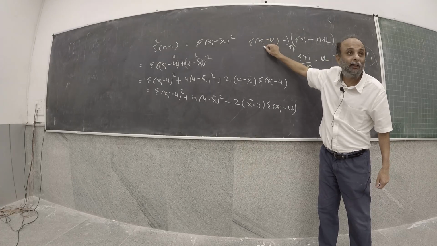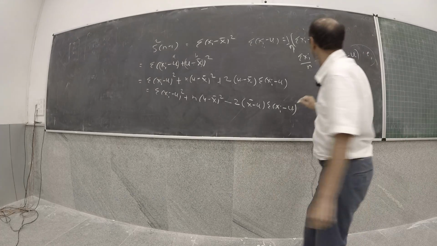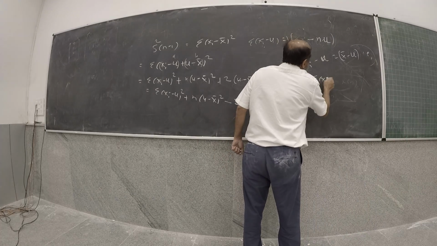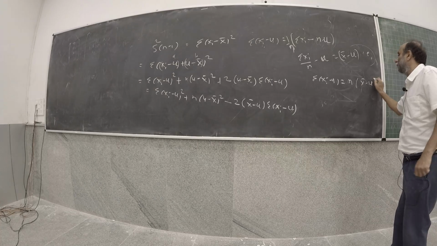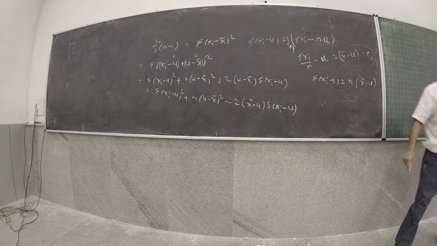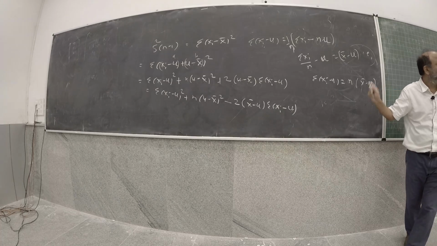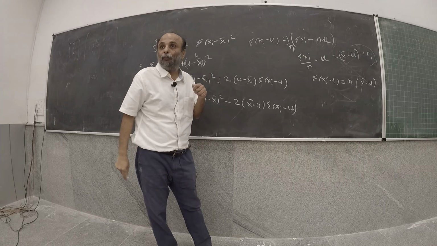From which it follows that summation xi minus mu is n times x bar minus mu. Is this clear? Right? N x bar minus mu.